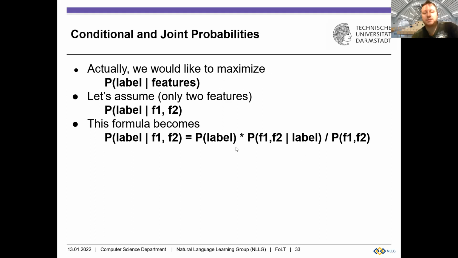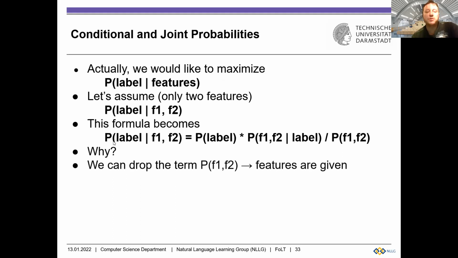This cancels out. So we have P(F1, F2, and the label). Comma and the word "and" are synonymous in this mathematical notation. It stays on the top, and we divide by F1 and F2, and this is exactly the definition. So this formula here is pretty simple to derive.